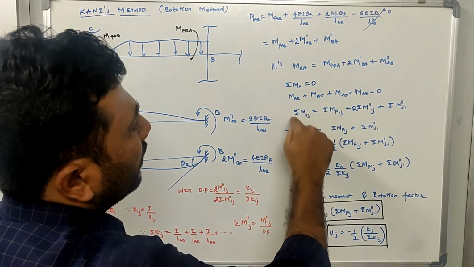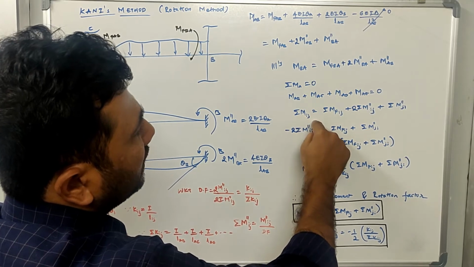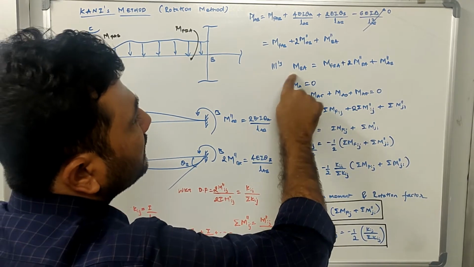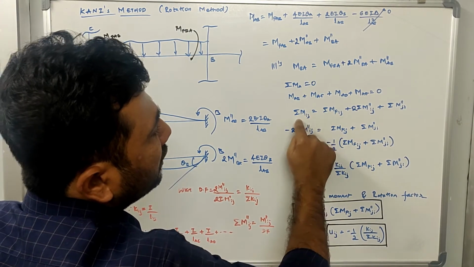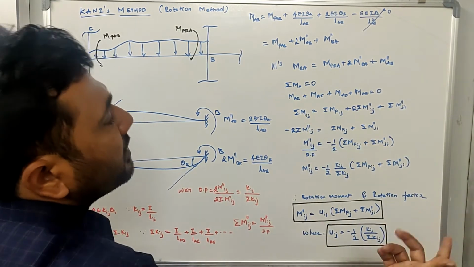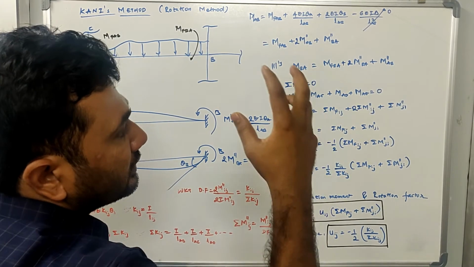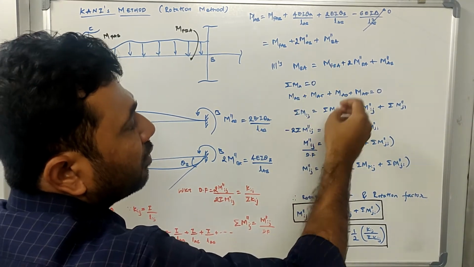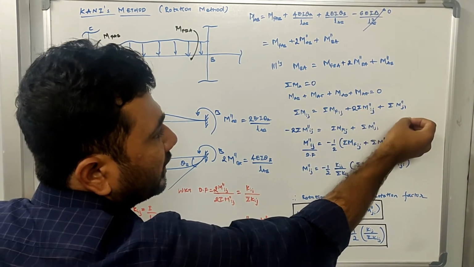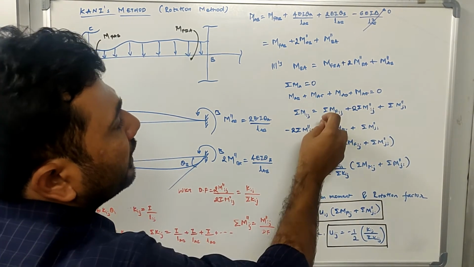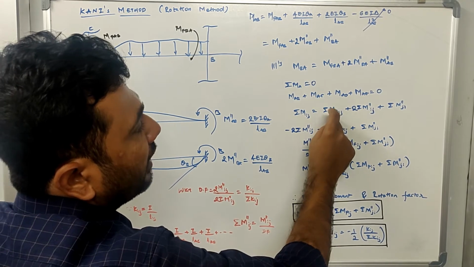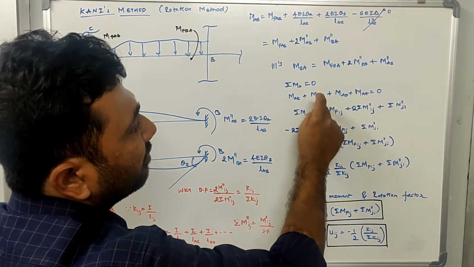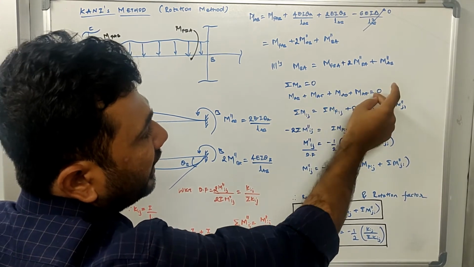Once I write this as Mij values, by taking the reference of these two equations, I can write the summation of the Mij equation. It will be the set of fixed end moments, rotation moments at the near end, and rotation moments at the far end, right? So the summation of Mij will be equal to the summation of MFAB, MFAC, MFAD, MFAE.